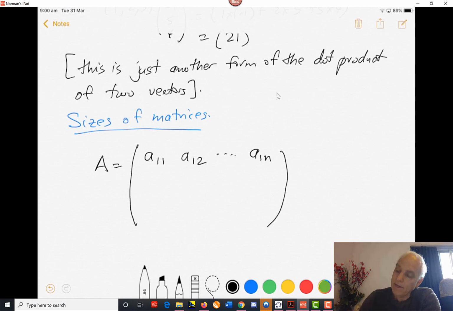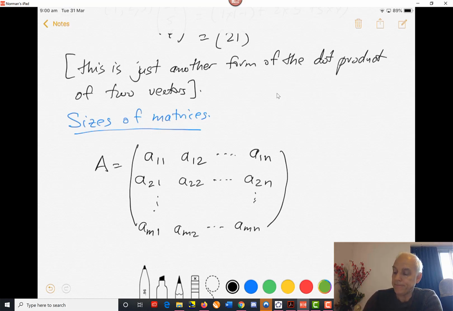Okay, well that means that there are going to be n columns. That's the first row of this matrix. In the second row, we're going to label the entries A21, A22, up to A2n. That's the second row. And then down to the last row, which we'll say is the mth row. It'll start with Am1 and then Am2 all the way up to Amn.